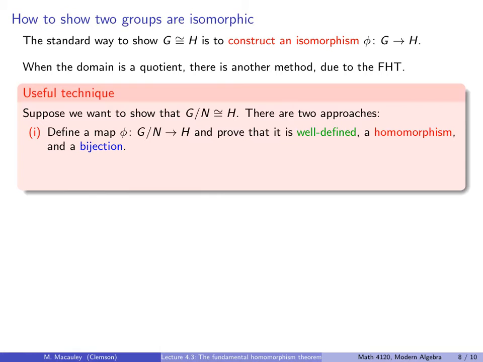In other words, if I choose a coset, say An, and you choose a coset Bn, then we have to show that we get the same answer using our definition of phi.